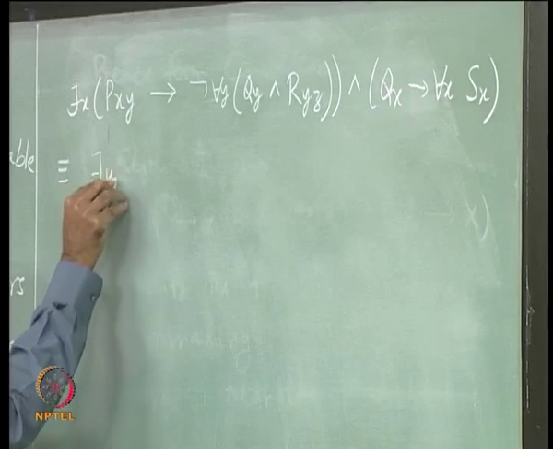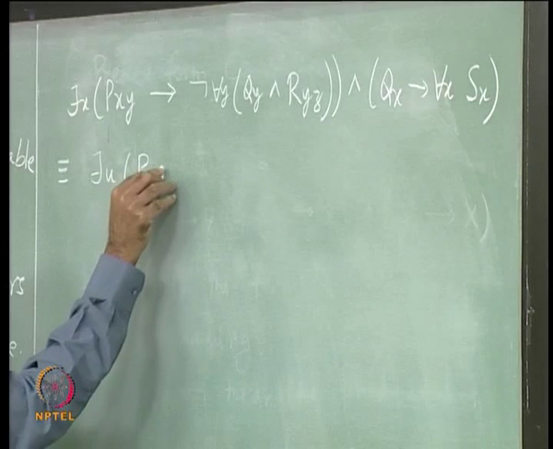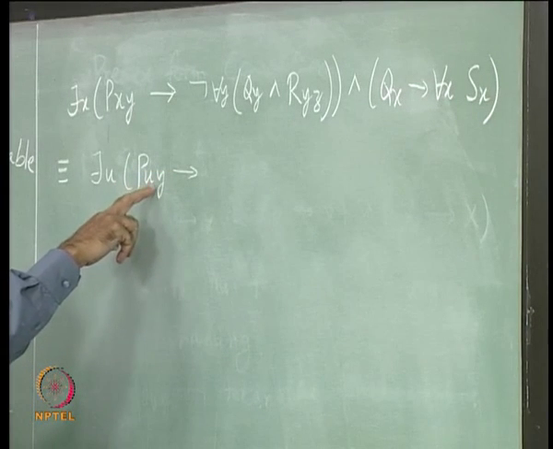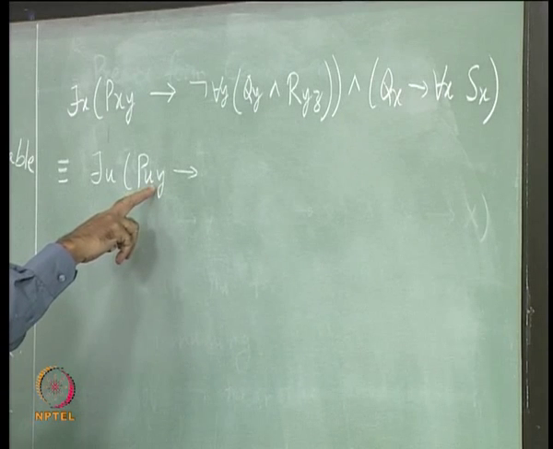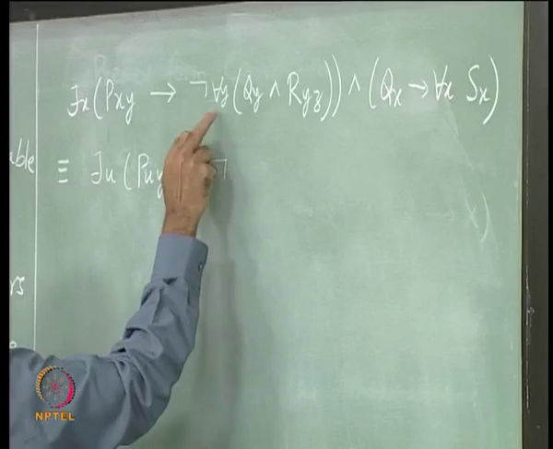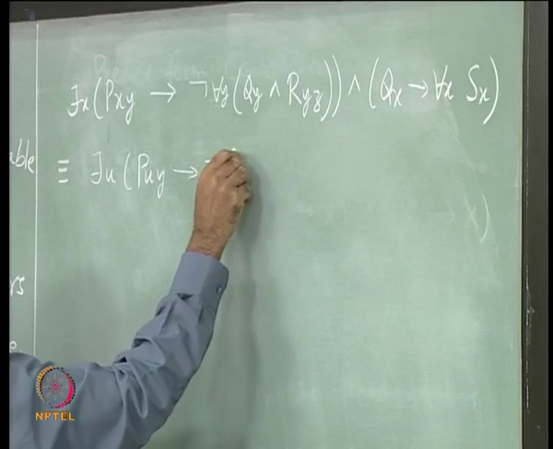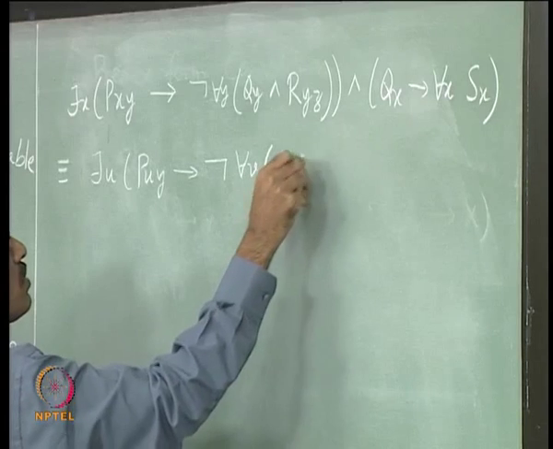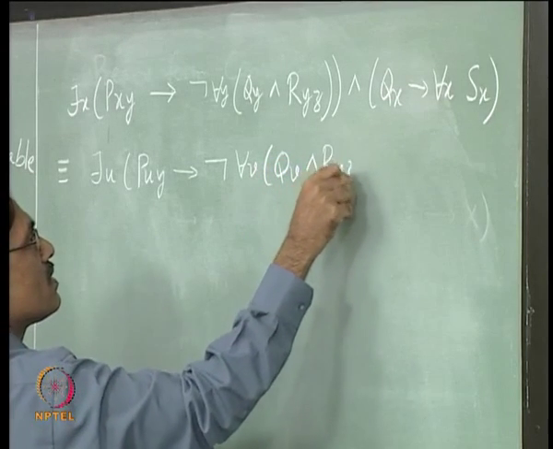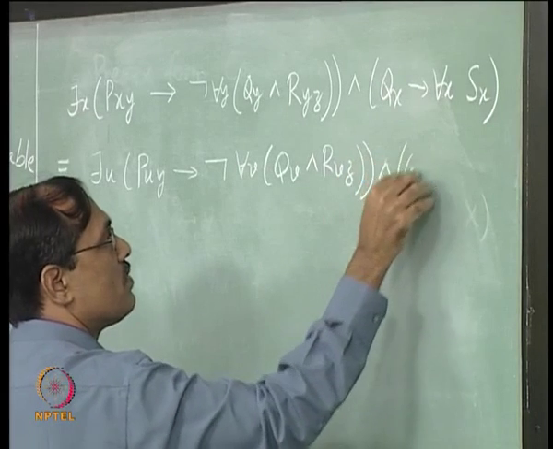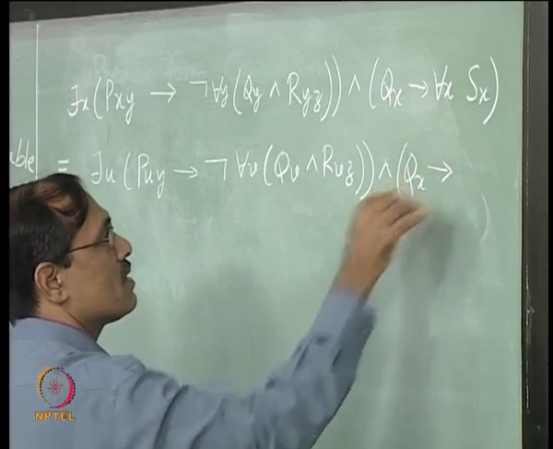So, first x, let us try. Say there is u, p u y implies, now y also is to be renamed, but not this free one, only the bound occurrence is to be renamed. So, this gives not, and then this y is to be renamed, let us write as v, q v and r v z, and this is a free occurrence, it has to be kept as it is.